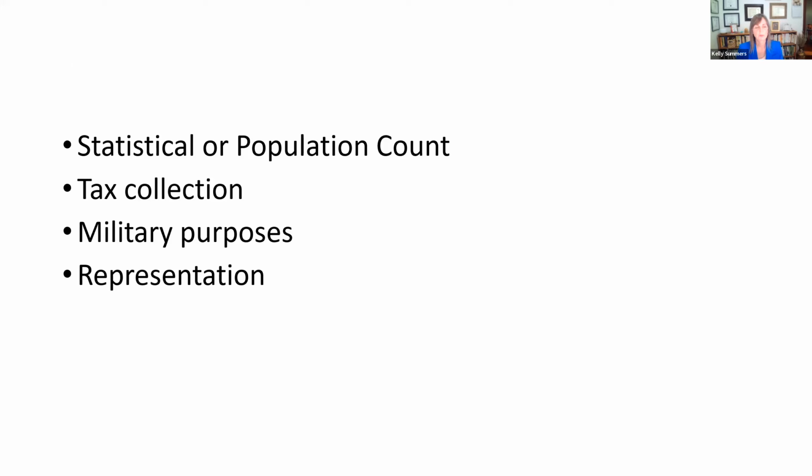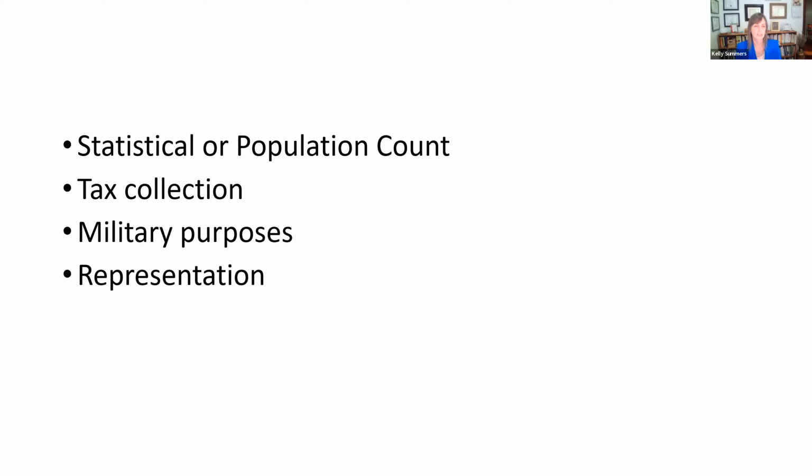So with regard to the purpose of the census, there are multiple reasons why the census exists. The number one reason is that it is required by law that the census be taken every 10 years. Other information that the government wanted to extract from the census were population count, statistical information, demographic information.